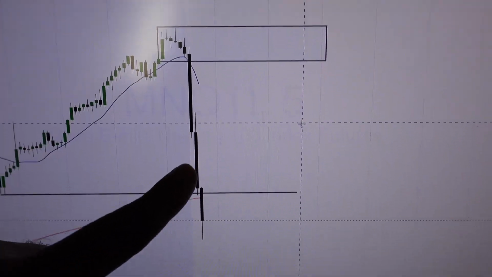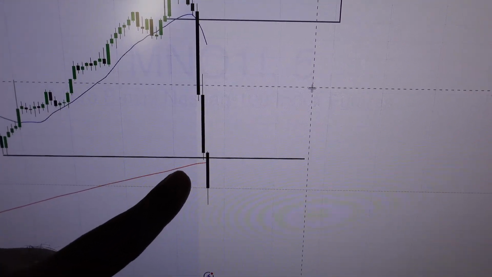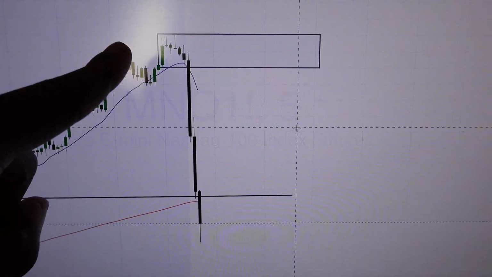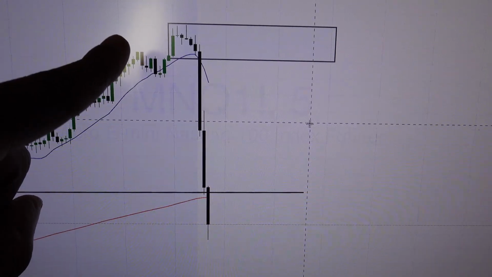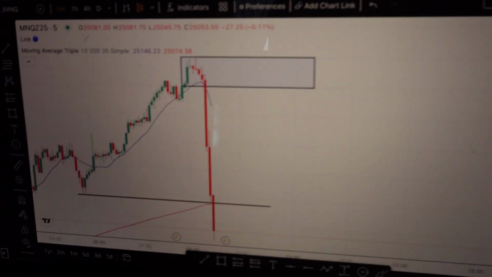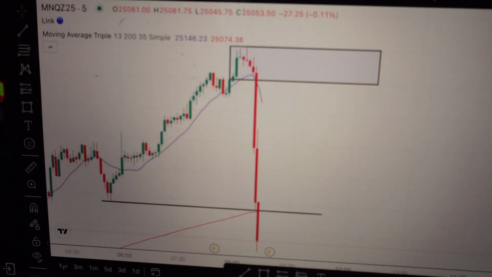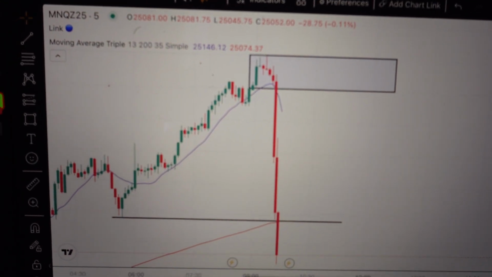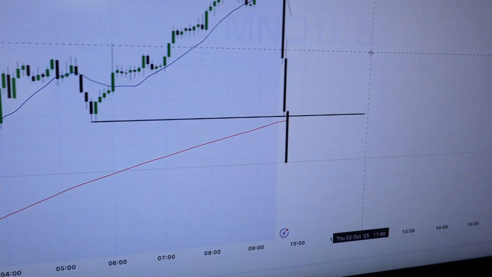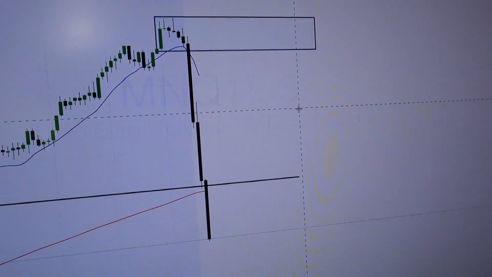So price drops. I want to see this 200 SMA cross over the 13 SMA. That means it's officially a reversal. Same thing on my TopStep combine, same setup. Alright. Let's see what happened next.